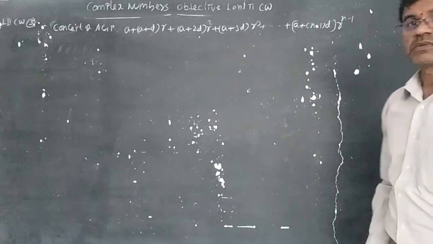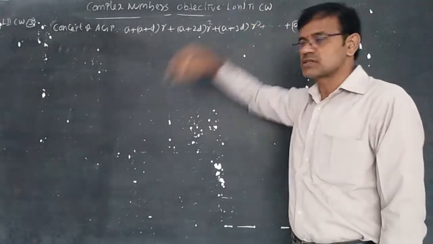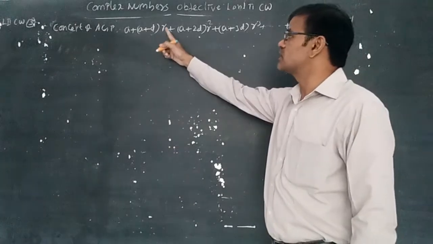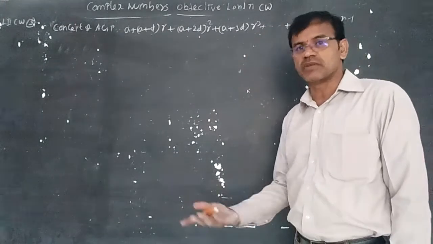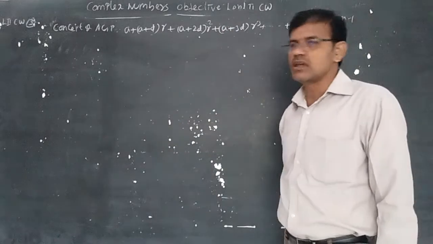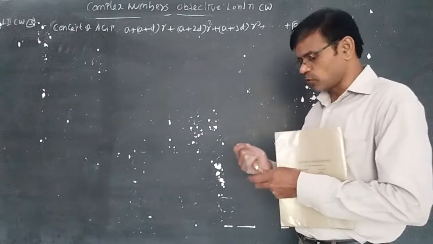So this is the concept. General notation: a, a plus d, a plus 2d, a plus 3d is AP. a plus ar plus ar square plus ar cube plus so on, ar power n minus 1 is GP. If AP and GP are combined, it is called AGP, arithmetic geometric progression.